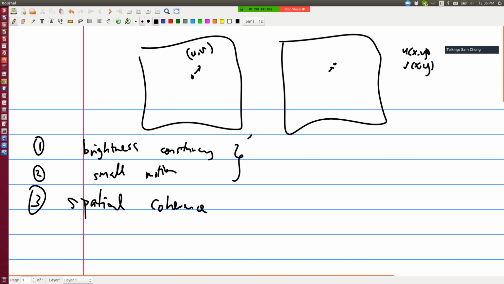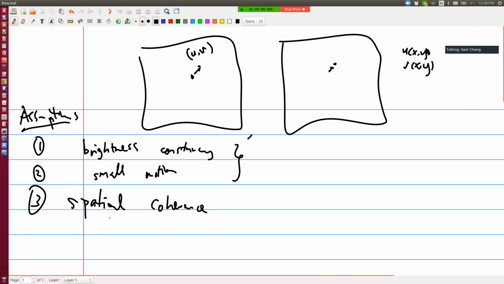Does brightness constancy have to be for that particular pixel that's been identified, or for the neighborhood around it? Yes, these are assumptions, so they can be violated. For example, spatial coherence is not perfect, but we assume it.